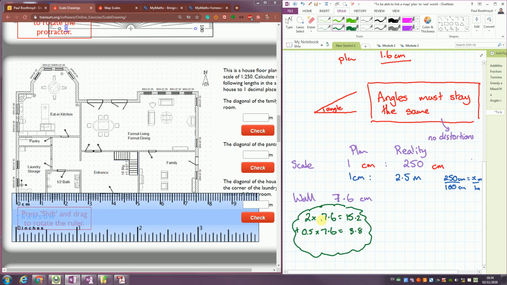Those two have a common factor of 7.6, so we add them together to give me 2.5 times 7.6 is the same as 19 metres. So I've calculated it directly.